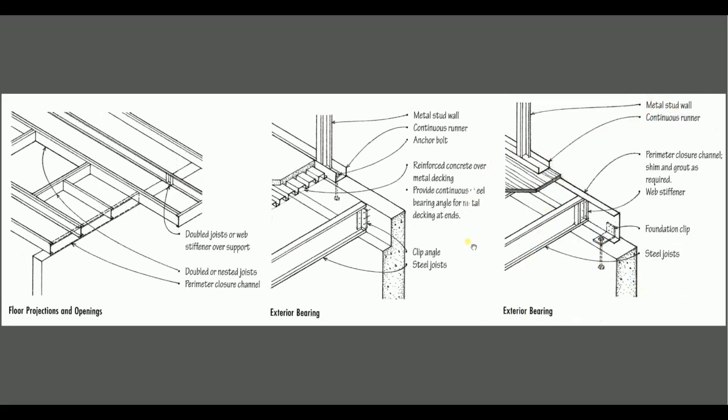It is the same thing for the C-channel, web stiffener here, C-channel beam, C-channel beam here. We put the sheathing here, and we put some studs here. It is the same thing as the wood construction.